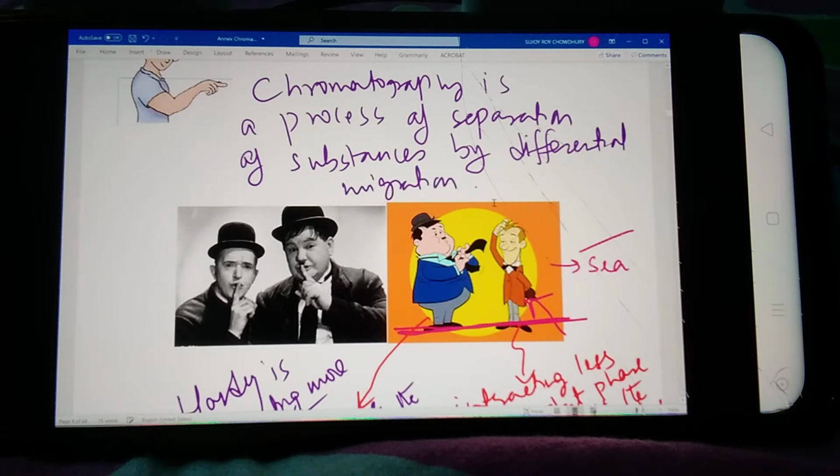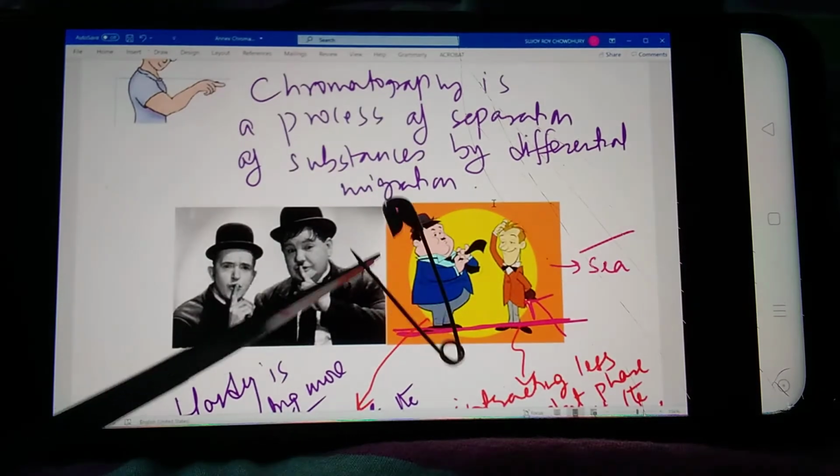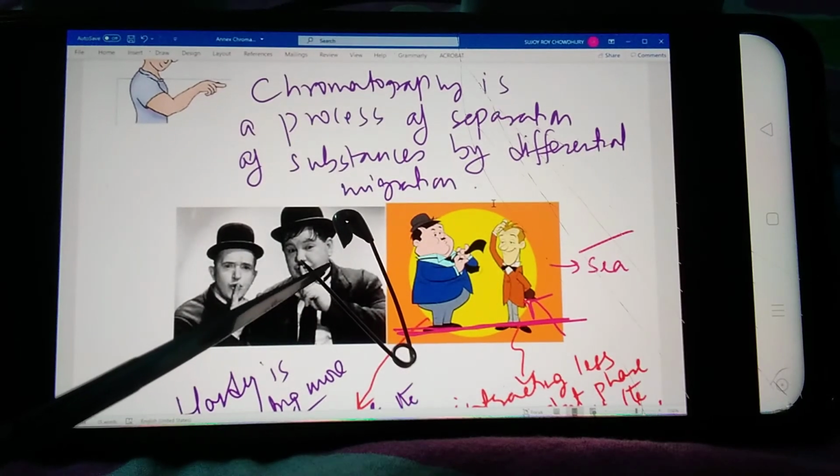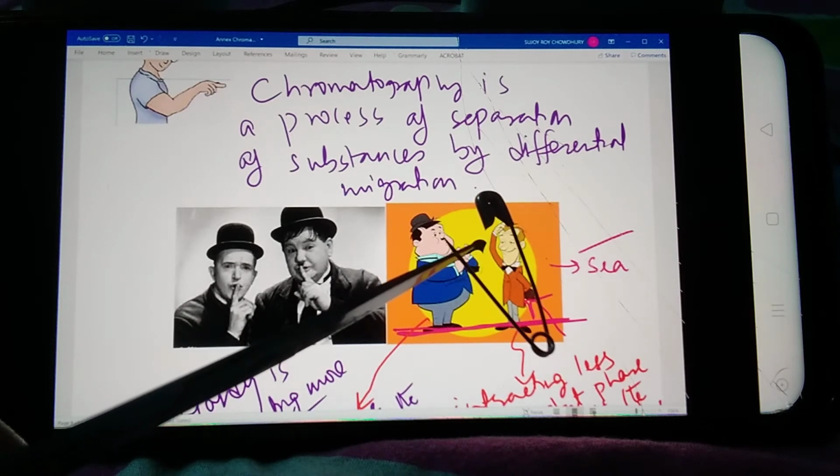The keyword is differential interaction of the components with the stationary and mobile phase, leading to differential migration, and that is leading to separation of components.